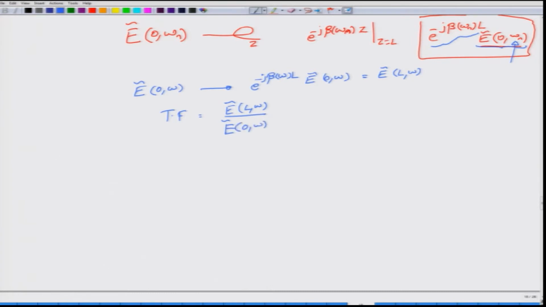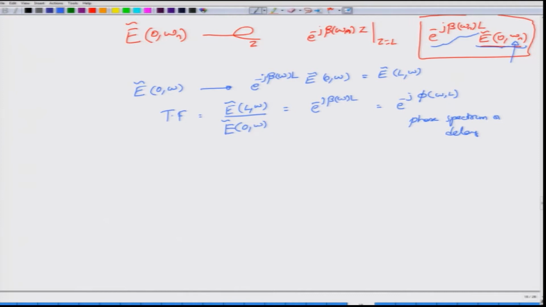Essentially, I look at the ratio of E of L comma omega and E of 0 comma omega, and this is simply given by the phase term e to the power minus j beta of omega times L. Sometimes this is also written as e to the power minus j phi of omega comma L, because you want to also specify the length here, and this phi is essentially the phase spectrum or the phase delay. Because phase is related to delay, this is sometimes called simply phase delay, although the terminology is not very nice. It is kind of standard in communication literature.